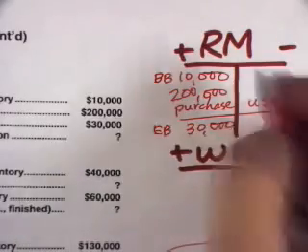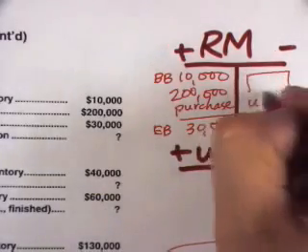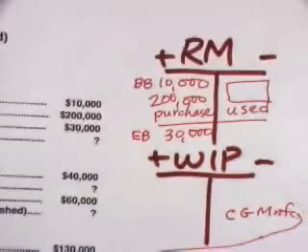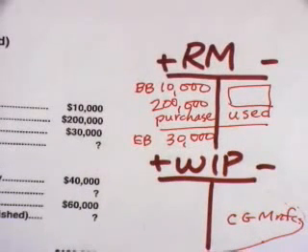So if that's the case, then we have to infer or calculate what is the right-hand side of the T account, the used amount, to give us an idea of how much raw material cost is being used.